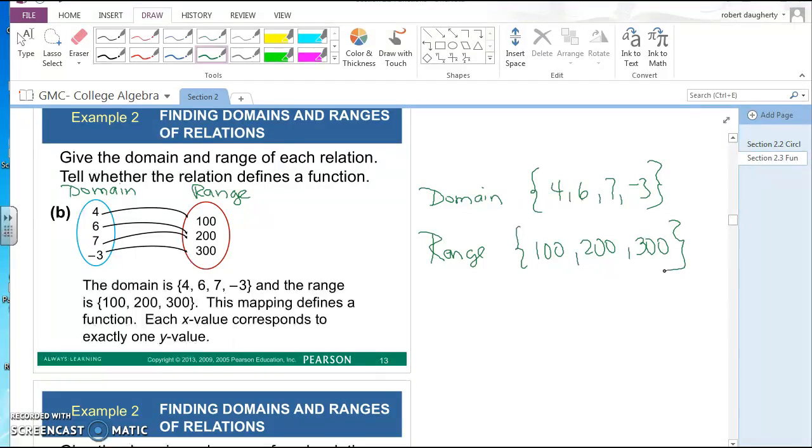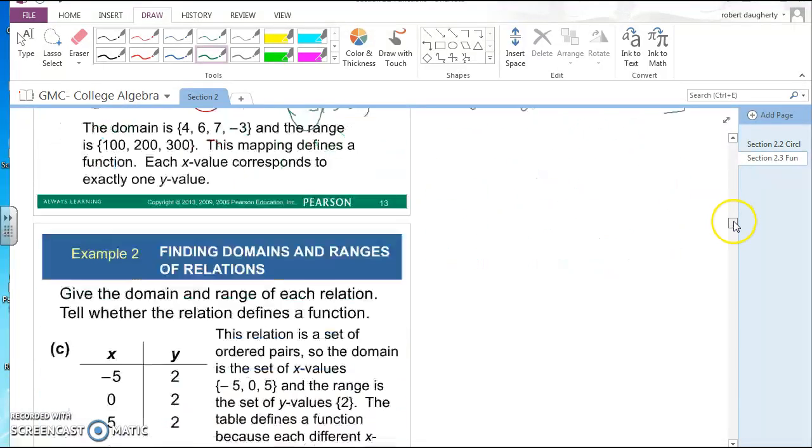Now, if you ask yourself, is this a function? It is, because I don't see any repeated x values. And if I were to write down all the points, it's 4, 100, 6, 200, 7, 200, and -3, 300. There are no repeated x values here, so that is a function. And we see its domain and range listed there.